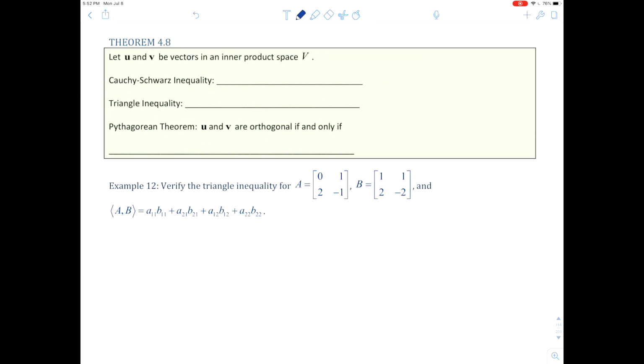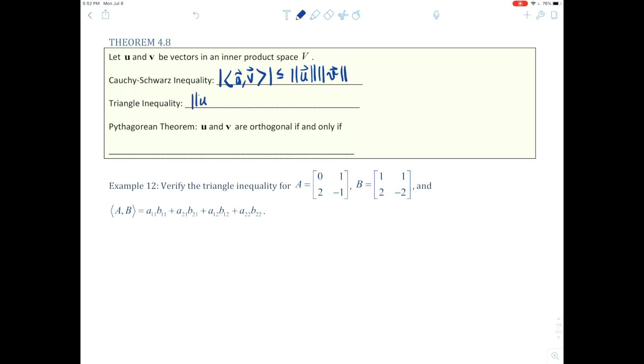Let U and V be vectors in an inner product space V. And the Cauchy-Schwarz, triangle and Pythagorean theorems, they all work, okay? So the Cauchy-Schwarz will now look like the absolute value of the inner product of U and V needs to be less than or equal to the product of their magnitudes. And the triangle inequality was what?